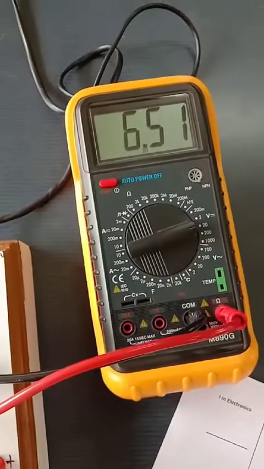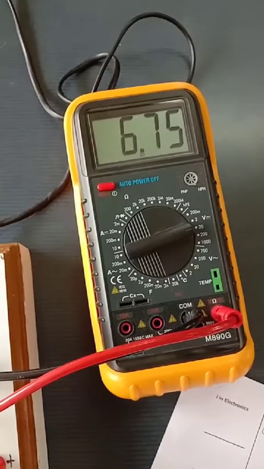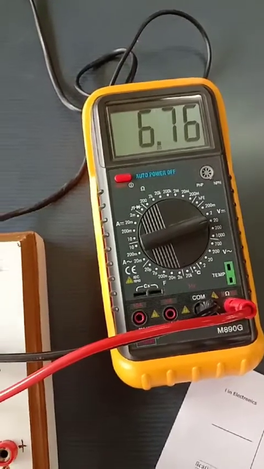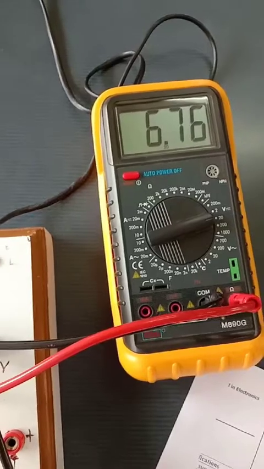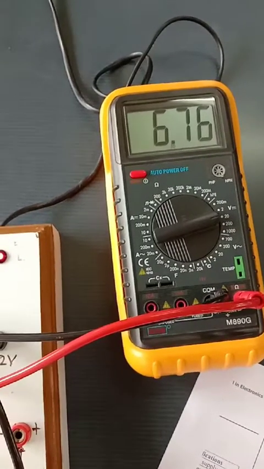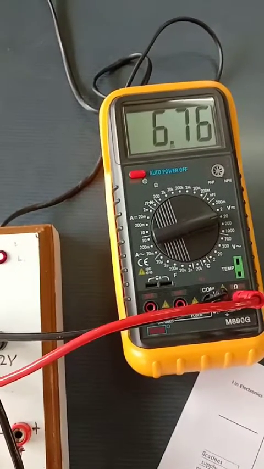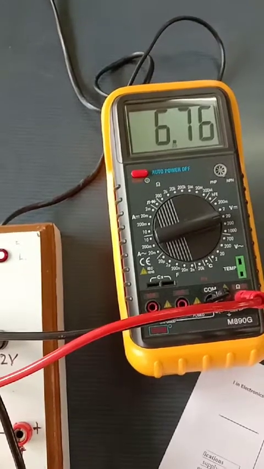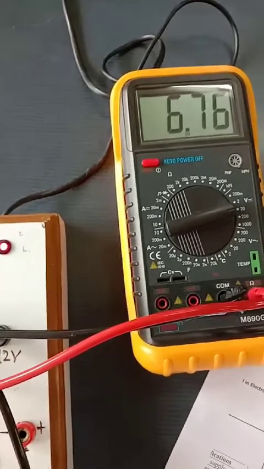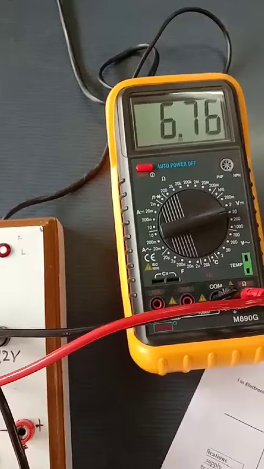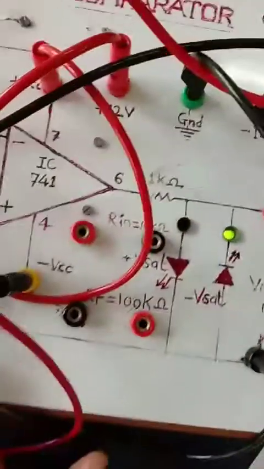Now again I am changing this input. Suppose this is 6.76. Again this input voltage is greater than the reference voltage. The reference voltage is 6 volt and this input is greater than 6 volt, that is 6.76.